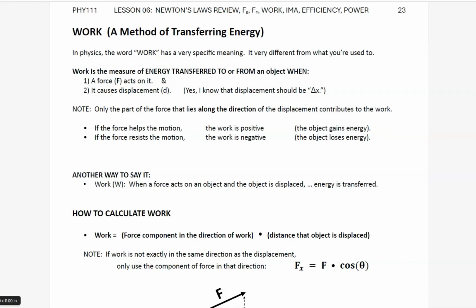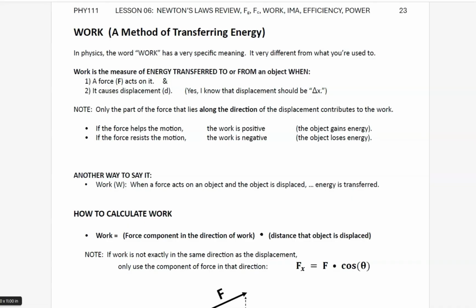But it's very important to mention right in the beginning that in physics, the word work has a very specific meaning. It's completely different from the way we use the word work in everyday English. So in physics, work requires two things to happen. It requires a force to act on one object, and it has to result in the displacement of that object.